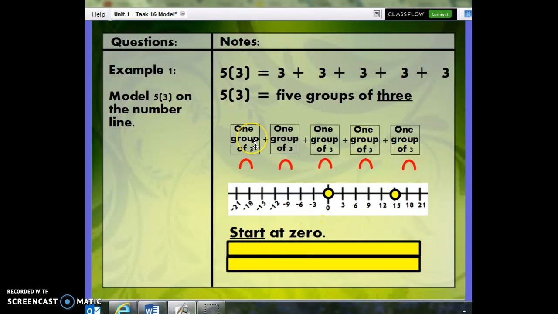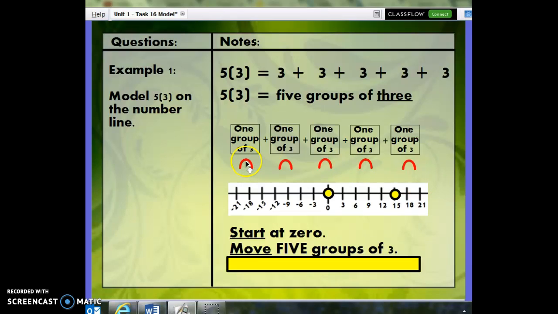Then you're going to move the number of groups that you have here either to the right or to the left. In this case, both of our numbers are positive, so we're going to move to the right in the positive direction. And we're going to move 5 groups of 3.